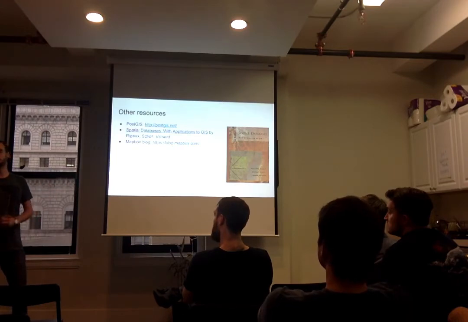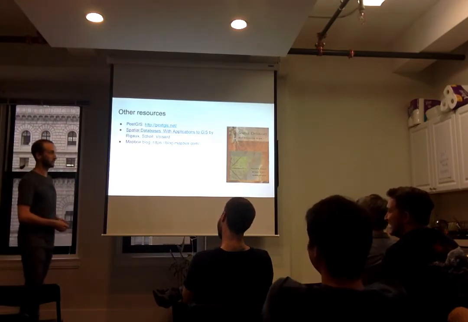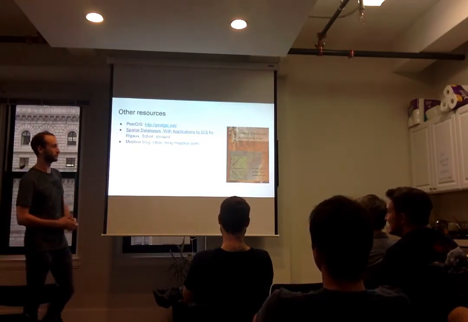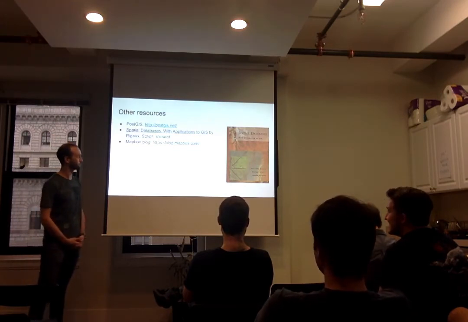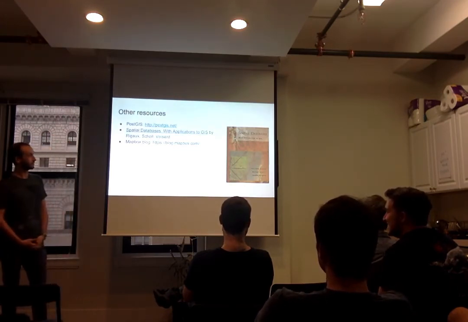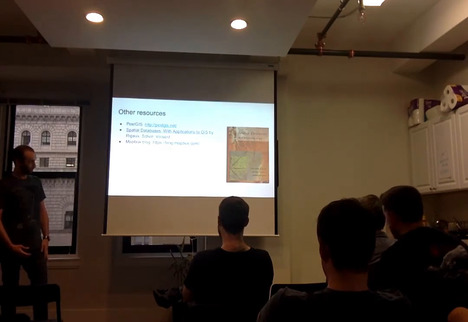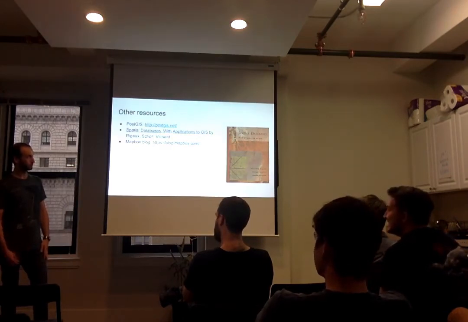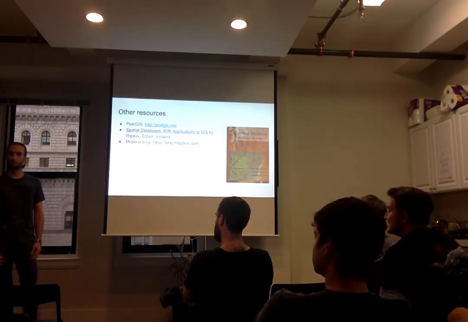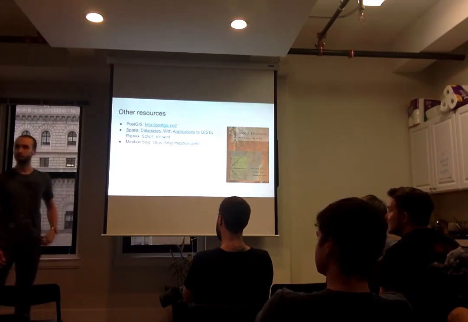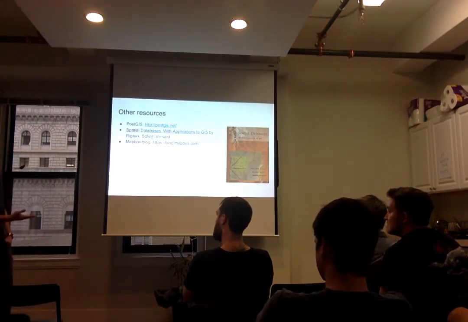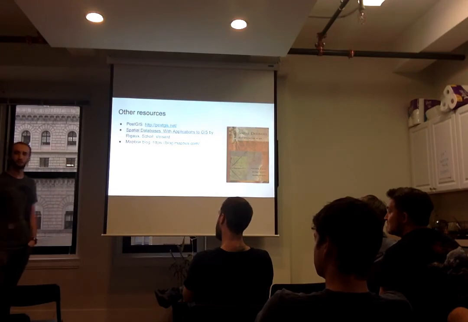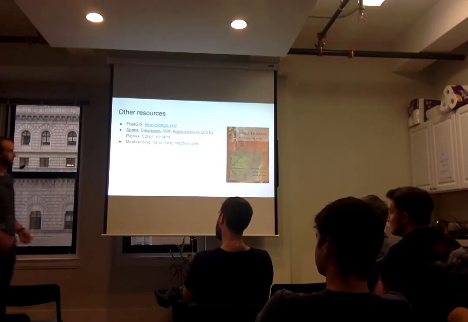I haven't looked at it, but it does look really cool, and I wish I had a copy. And the Mapbox blog, where I got a lot of the graphics for this talk, has lots of interesting stuff and open source JavaScript implementations of these indexes if you want to play with them.